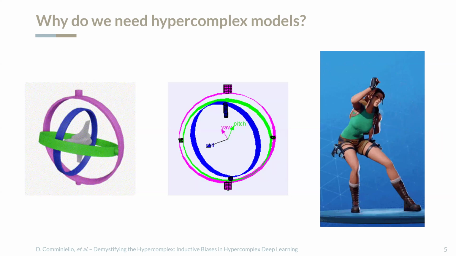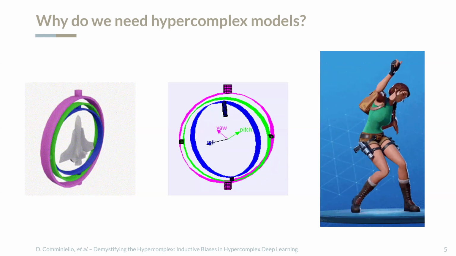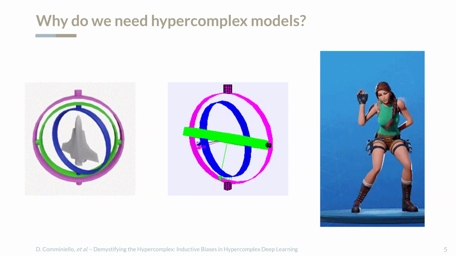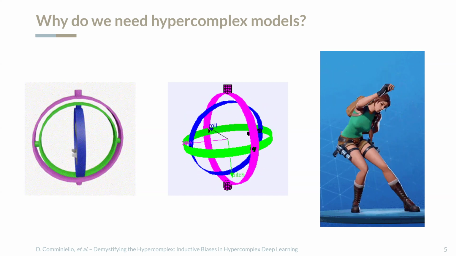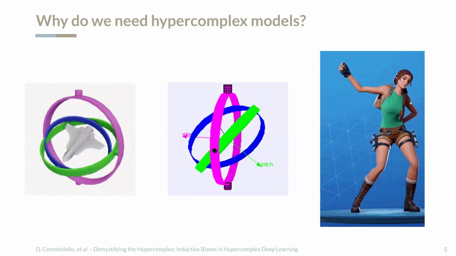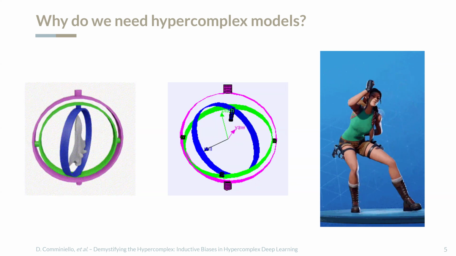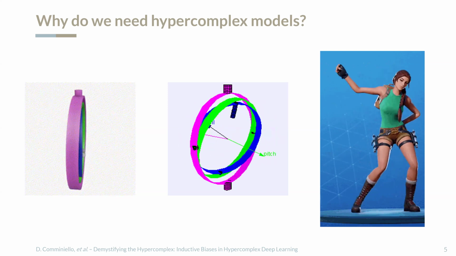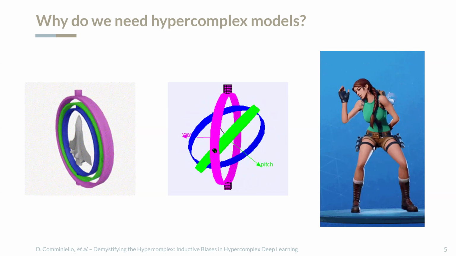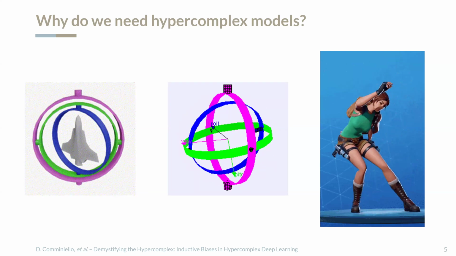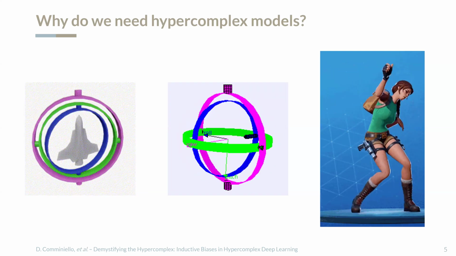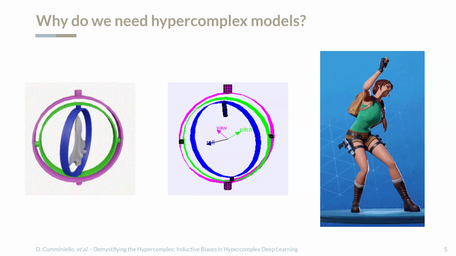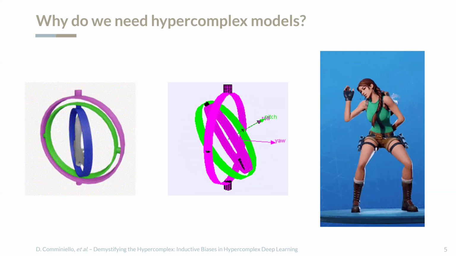But of course, the first attempt to apply hypercomplex methods to multidimensional and multimodal data was, for example, the representation of the character of Tomb Raider in computer graphics, and in particular for rotation, because due to the properties of hypercomplex algebra that we will see, and in this case of quaternion algebra, we are able to represent some kinds of movement like rotations in a more natural and smooth way.